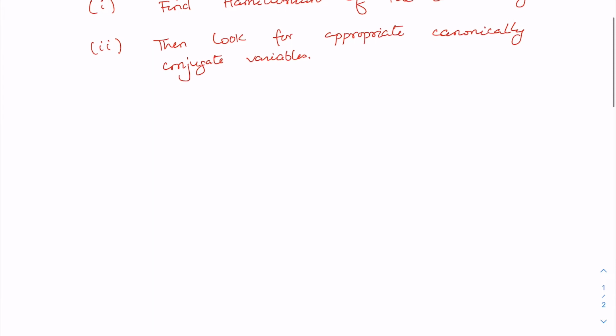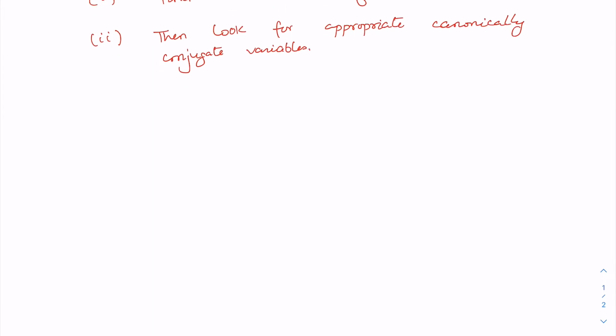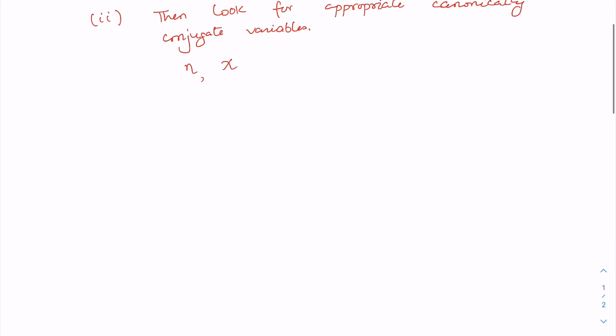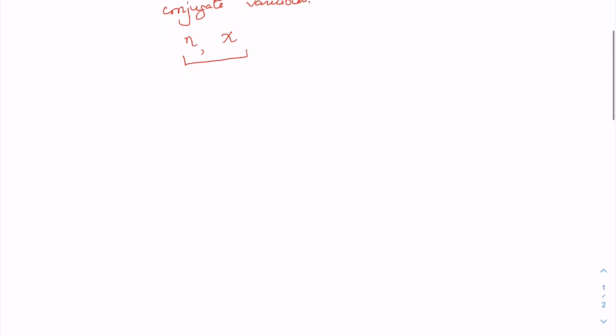By canonically conjugate variables I mean, say we have canonically conjugate variables, say eta and chi. These are canonically conjugate variables provided they satisfy the so-called Hamilton's canonical equations of motion.